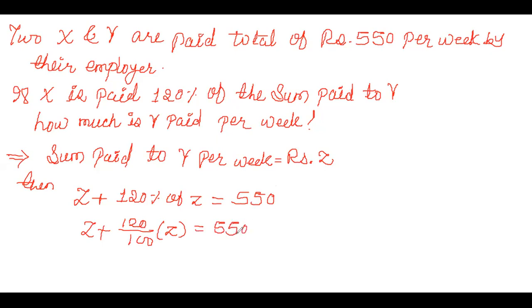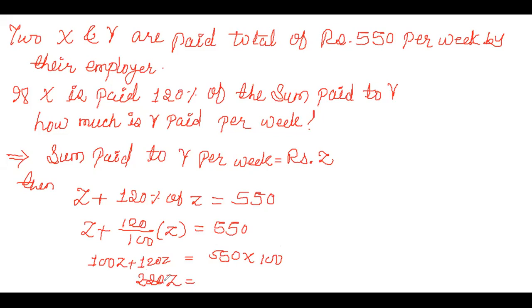Therefore, calculating here, 100Z plus 120Z is equal to 550 into 100. So 220Z is equal to 550 into 100.